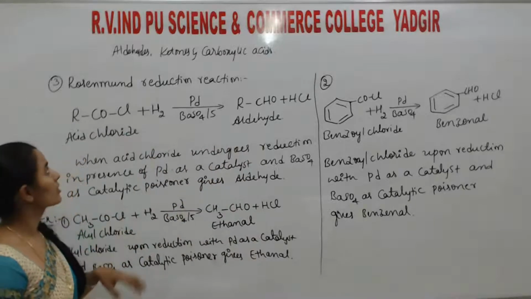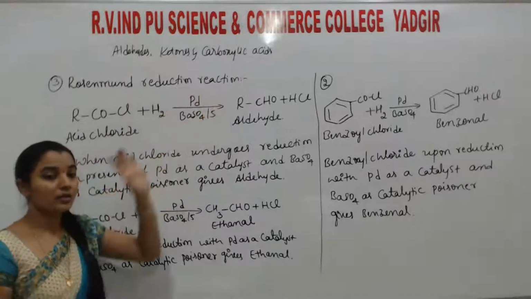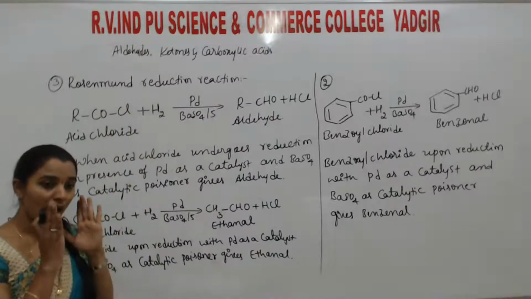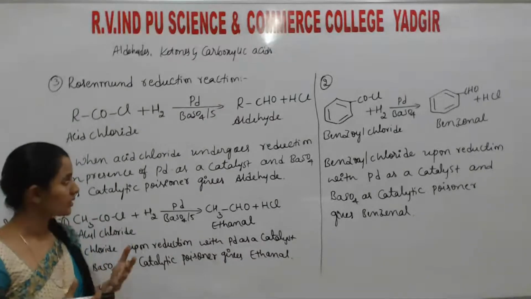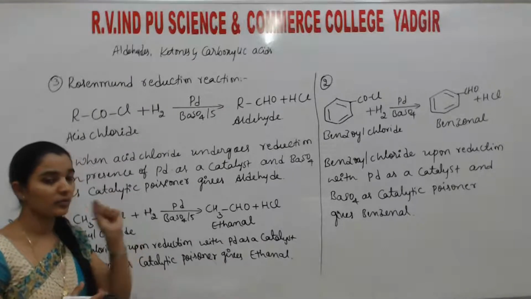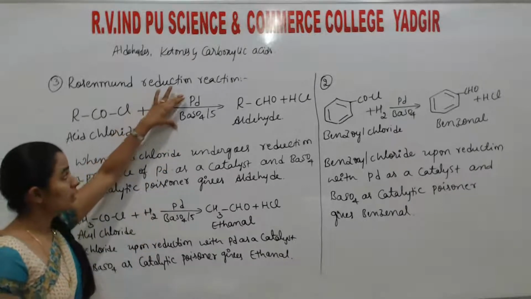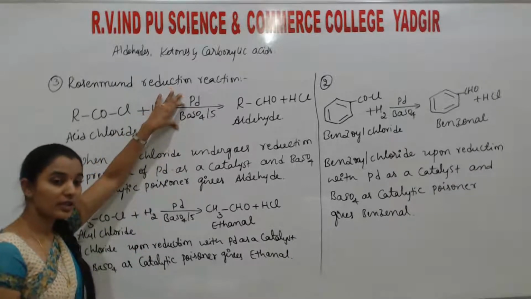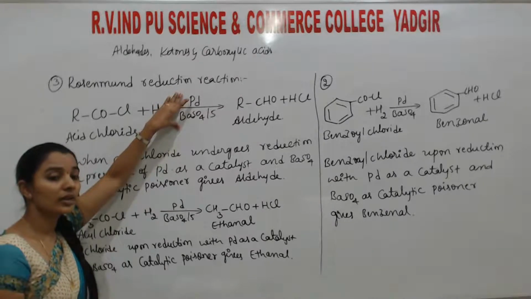So this reaction is called the Rosenmund reduction reaction. So remember, reduction means always, don't think on the reaction, why it is called reduction reaction, why it is named like Rosenmund. Because he used these reagents. If these reagents are present, then it is said to be a Rosenmund reduction reaction.